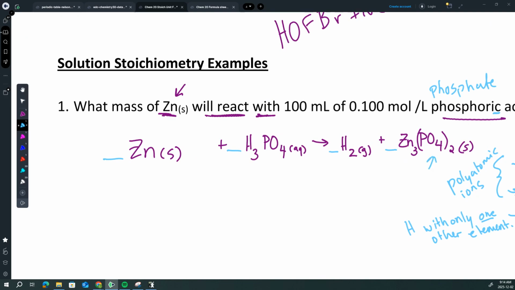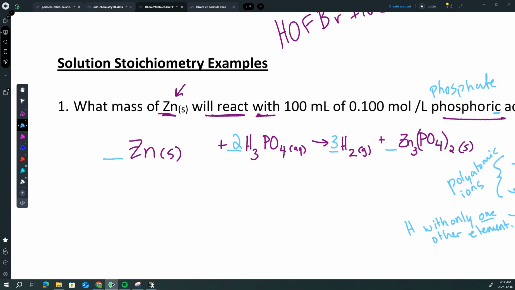So I've got 2 phosphates coming out, so I need 2 phosphates going into this reaction. Okay, and so phosphates are balanced. Now that 2 didn't just affect phosphate, it also affected the hydrogen. So now we have a total of 2 times 3, so 6 hydrogens here. So I'm going to make sure that there's 6 hydrogens on my product side.